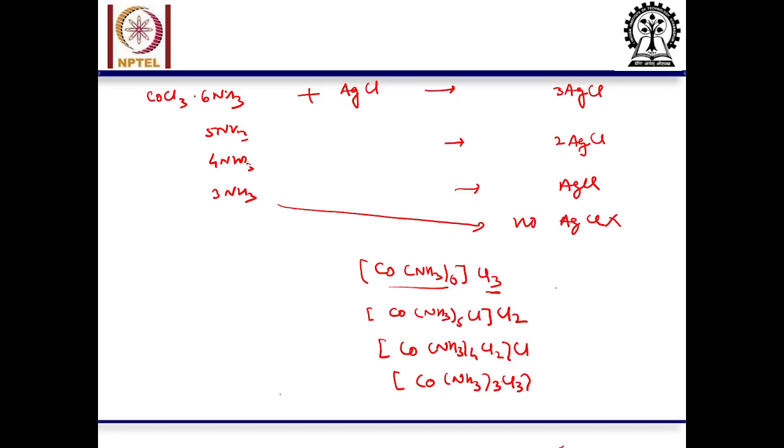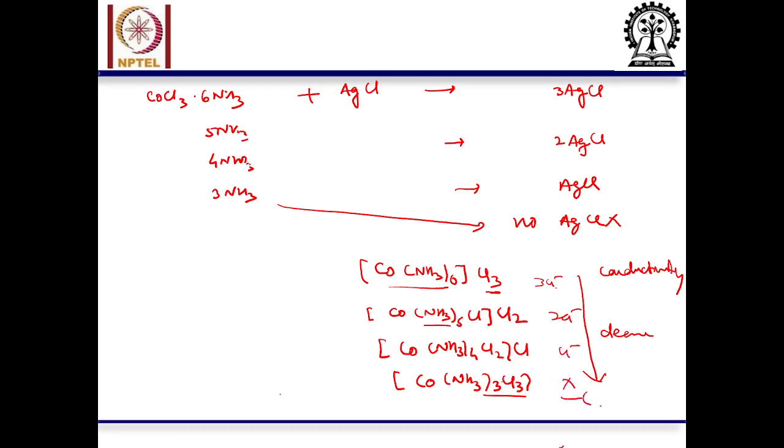Another way he did this: he saw that conductivity decreases as he goes from 6 to 3. Why? Because as we use a lesser equivalent of ammonia, here we have 3 Cl minus plus a 3+ ion, here 2 Cl minus, here 1 Cl minus, and here none.